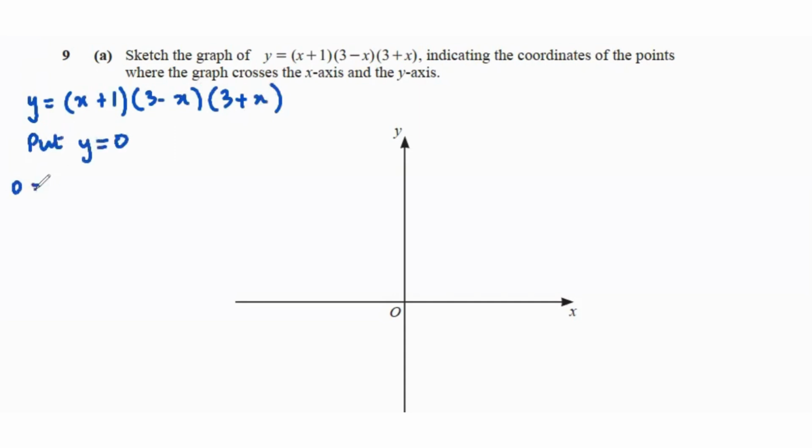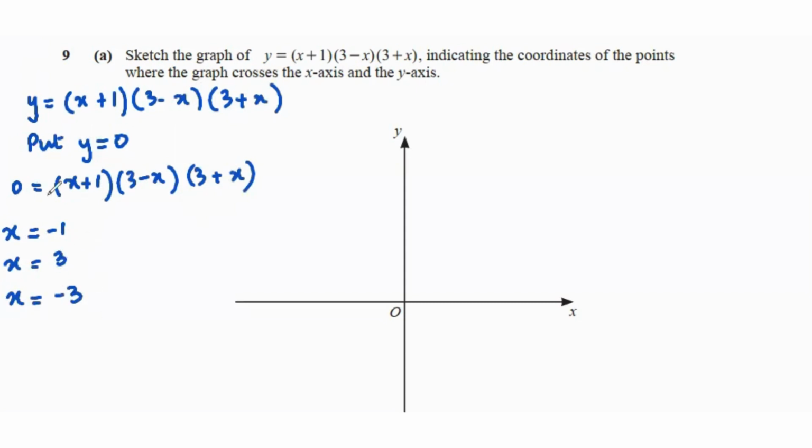That's going to be 0 equals x plus 1 times 3 minus x times 3 plus x. So x equals -1, x equals 3, and x equals -3. These are the x-intercepts. For the y-intercept, we will put x equal to 0.